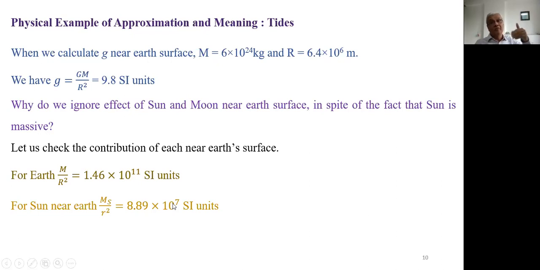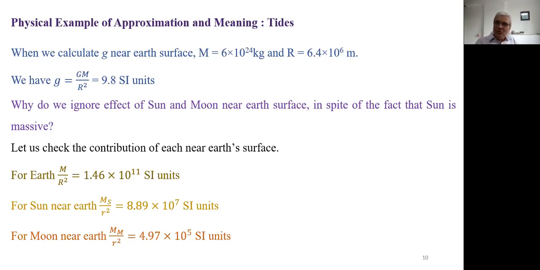The effect of sun at Earth's surface is 1,000 times smaller than that of Earth's gravity. And if you take the moon, it's 10 raised to 5, so it's even 100 times smaller than the effect of sun. Therefore, for all practical purposes, we take acceleration due to gravity as 9.8 meter per second square. We ignore that we are actually in the vicinity of sun or moon.